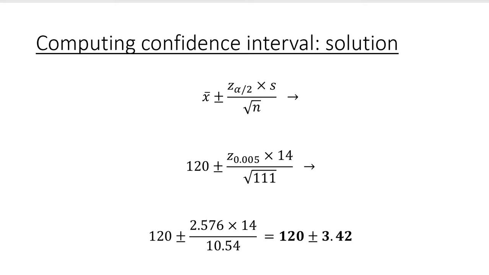So we know that the mean will be contained within the boundaries described by this equation. So basically it's 120 minus 3.42 and 120 plus 3.42. That's it, as simple as it is.